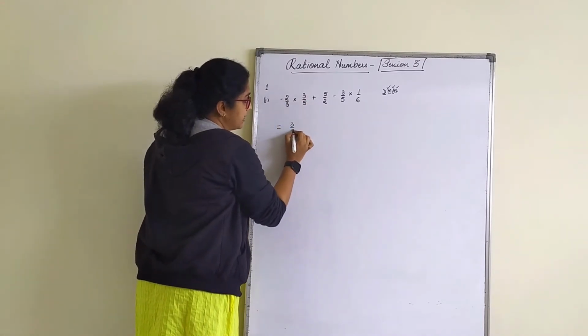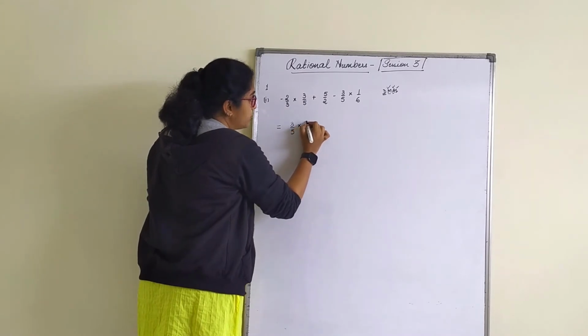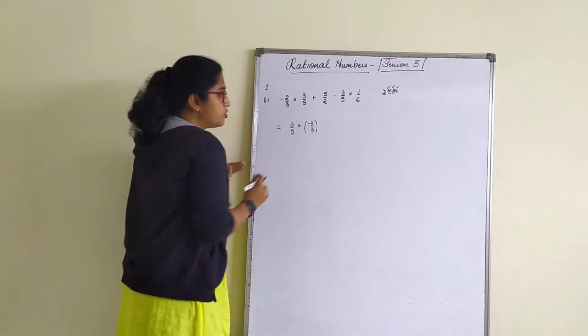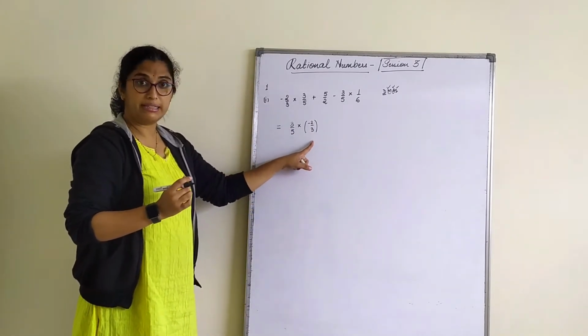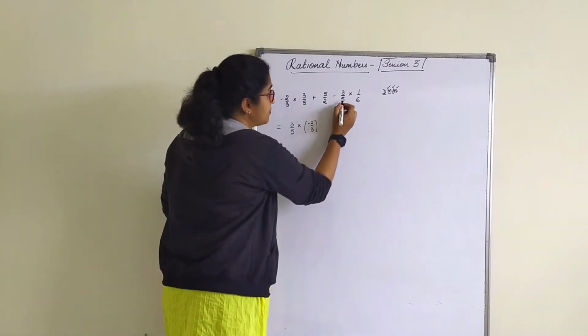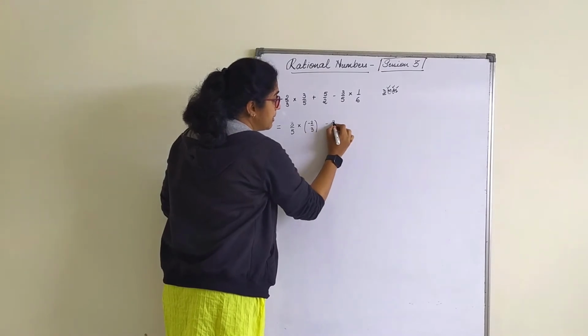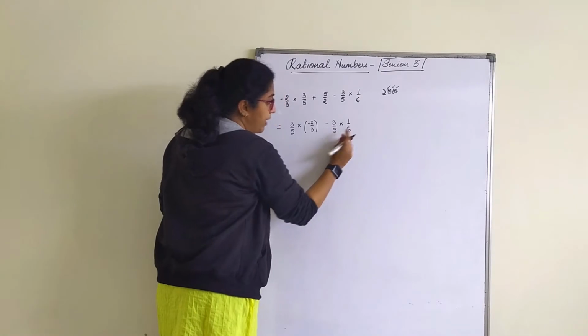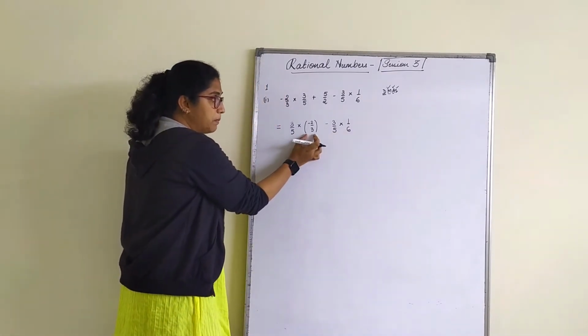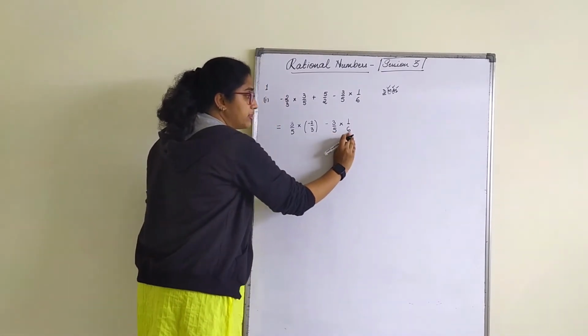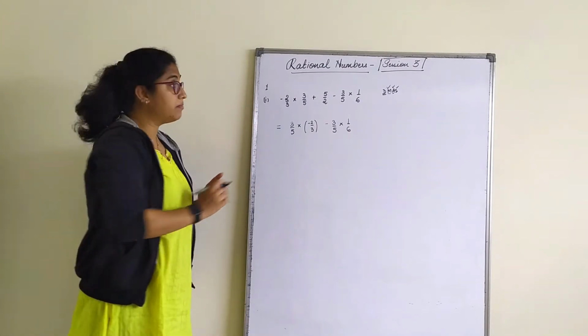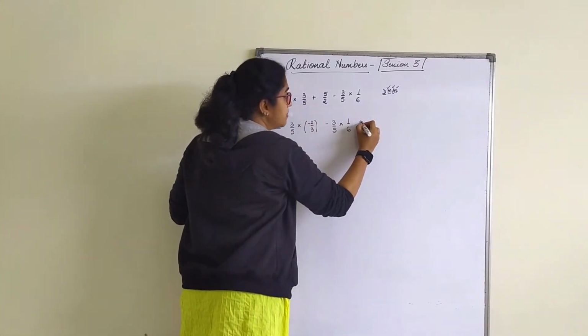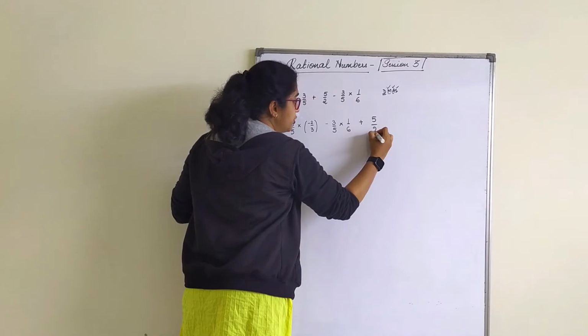I will write 3 by 5 into, since it is a negative, I can't write two signs together, minus 2 by 3. And here also it is the same thing, minus 3 by 5 into 1 by 6. So 3 by 5 is multiplied by a number, and 3 by 5 is also multiplied by a number. What remained? Plus 5 by 2.